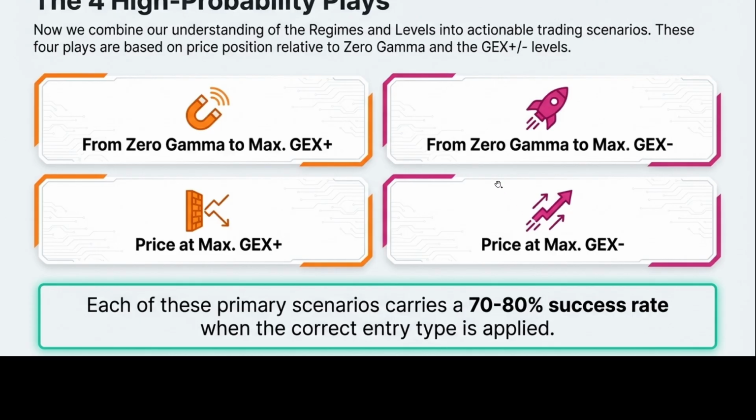Why? Because when price is going downside, all the option dealers, market makers, traders, retail traders, they are all going with price, not against price. For that reason, that zone may have high volatility when price is going from the zero gamma to the max Gex negative gamma.